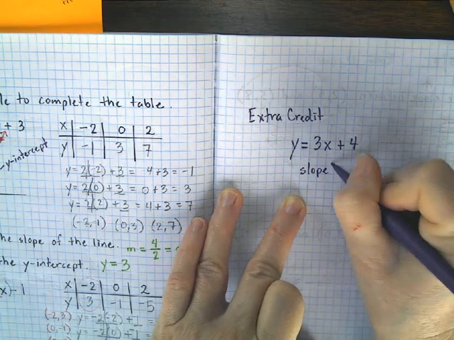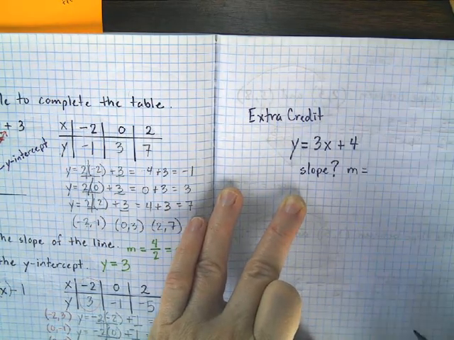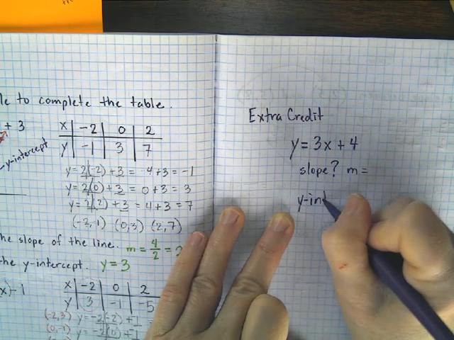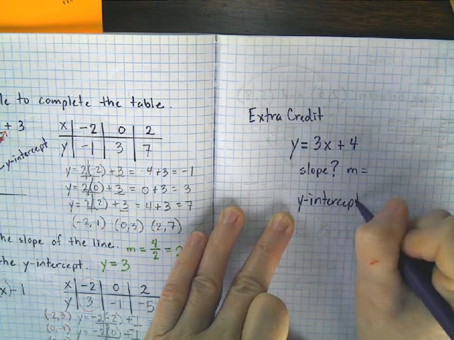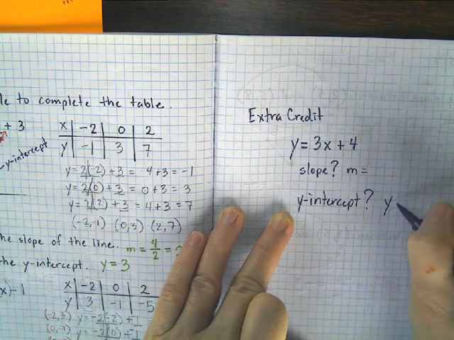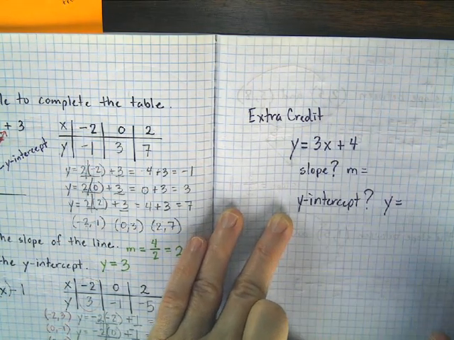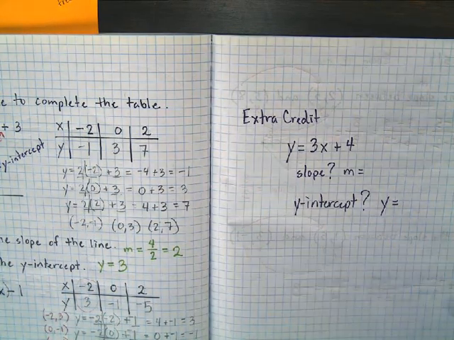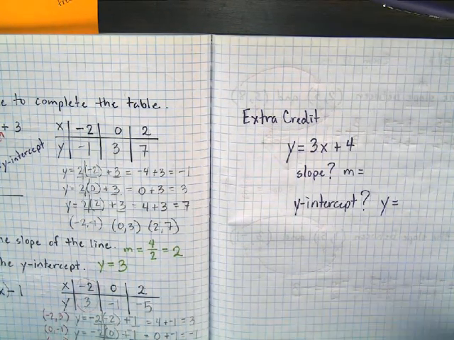What does m equal? And can you tell me the y-intercept? What does y equal? Can you tell me just by looking at the equation? Good luck with that. I'll give you extra credit if you fill these in.